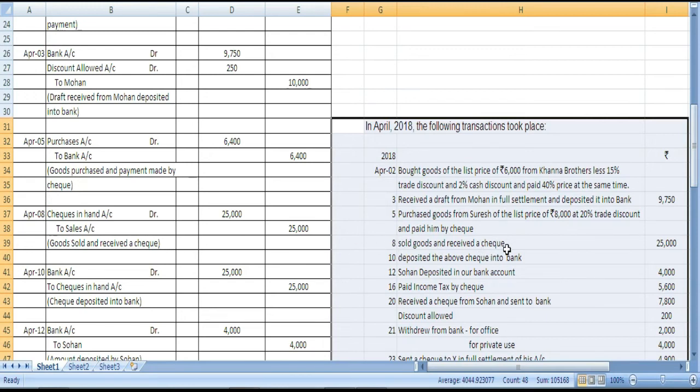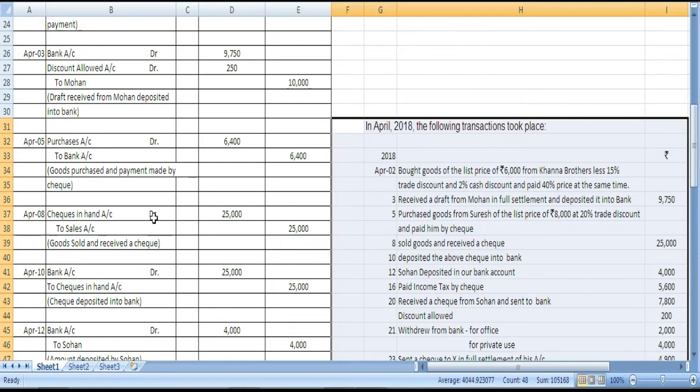Now, I will be sending you the different entries that we do when we pay and when we receive by check. Usually when we pay by check we simply write bank, but when we receive a check we write checks in hand account, we are receiving a check. So, here we sold goods and received a check for the goods sold.